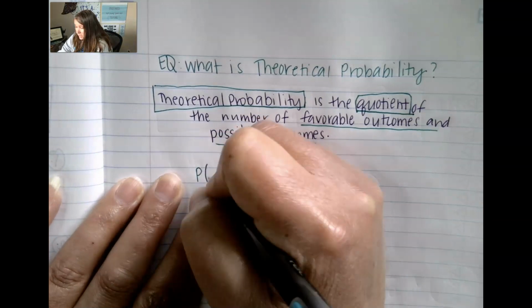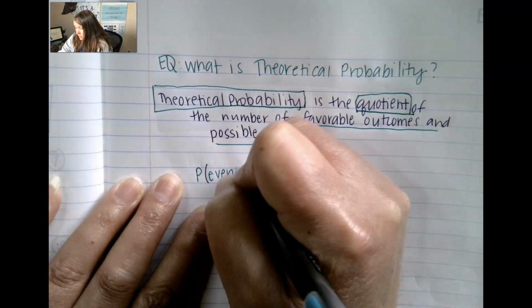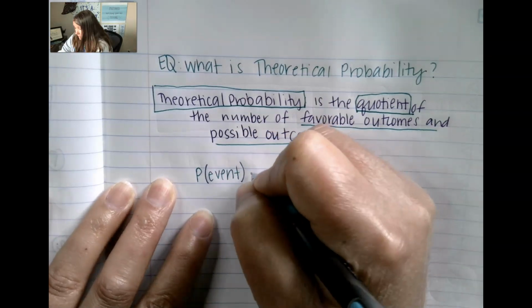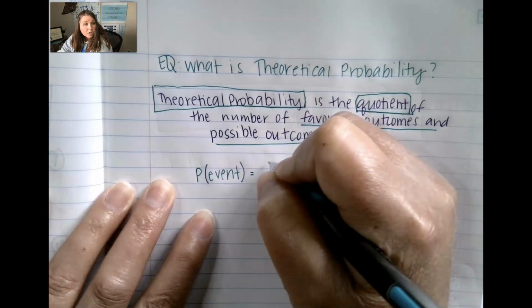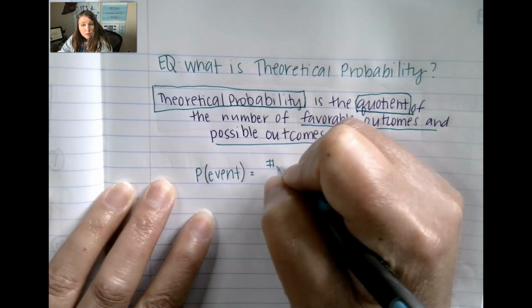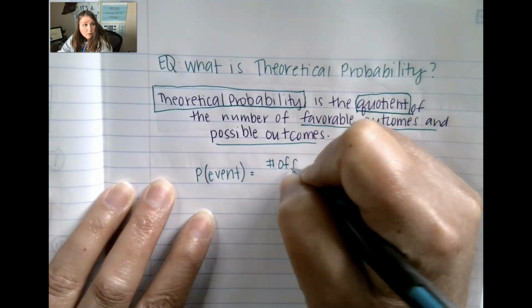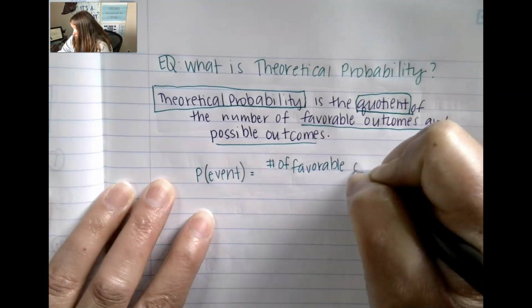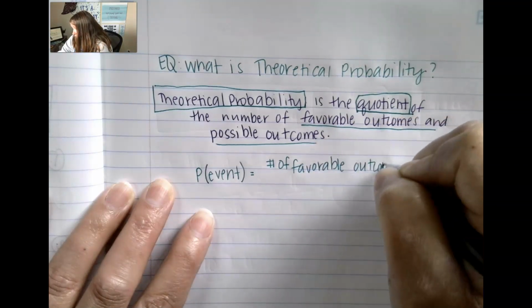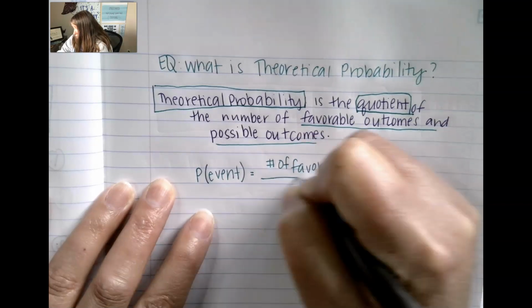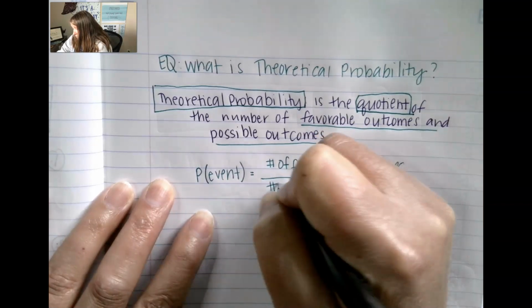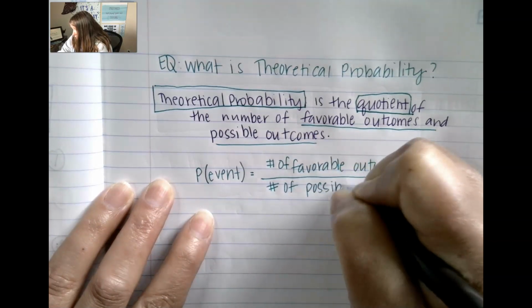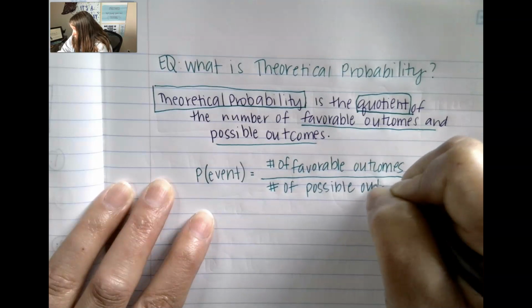So P is the event, and then our P of whatever the event is equals this fraction, number of favorable outcomes over the number of possible outcomes.